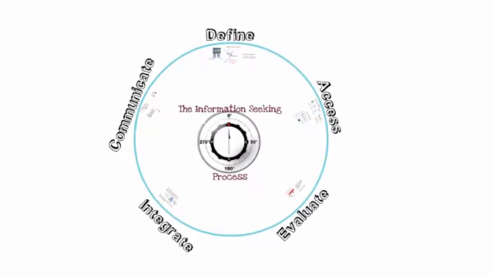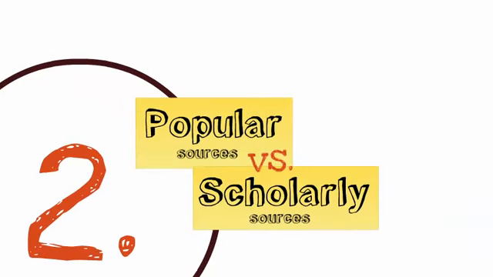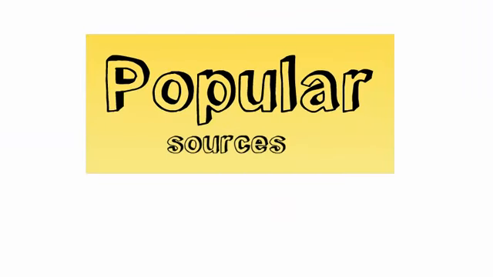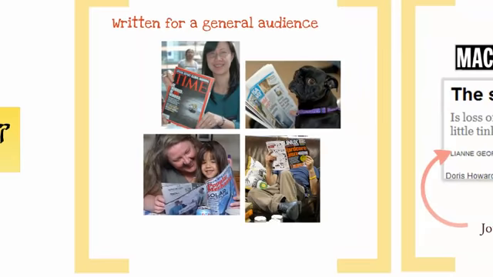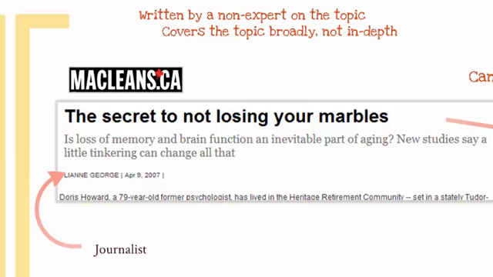Now that we've talked about the information-seeking process, let's move on to scholarly and popular resources. First, popular sources. They include resources like magazines and newspapers. They're written for a general audience, not researchers or experts. They're usually written by journalists who are generally not experts on the topic they're covering.